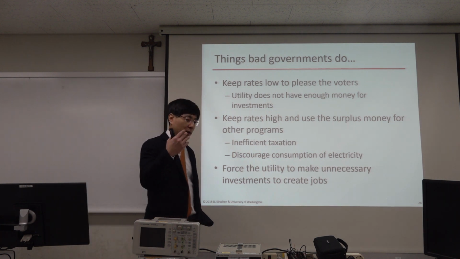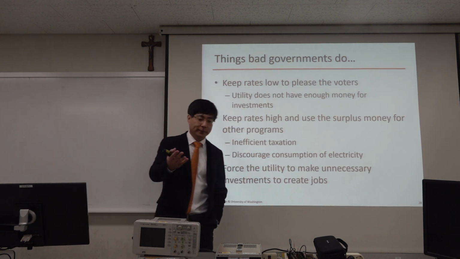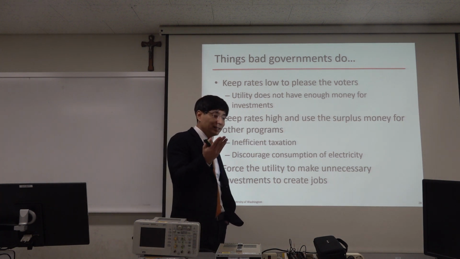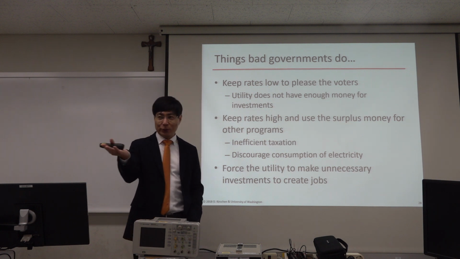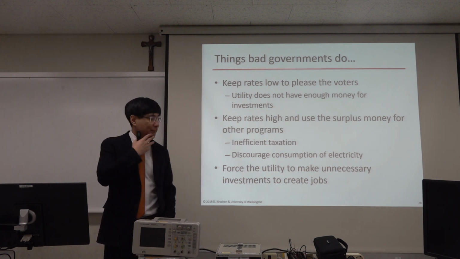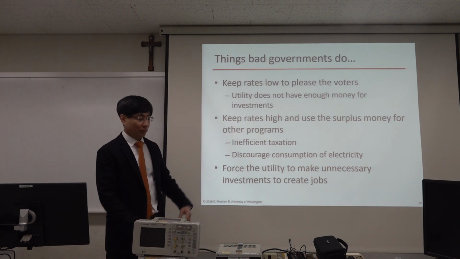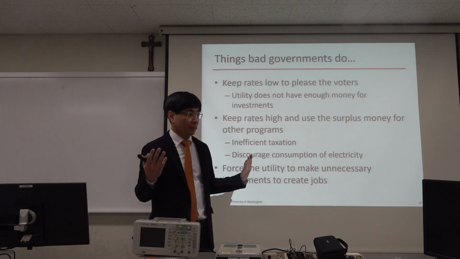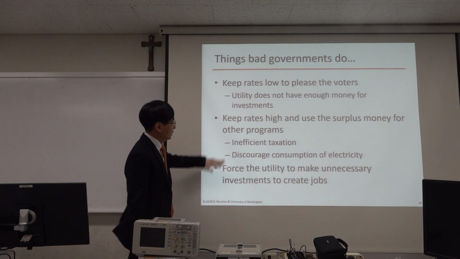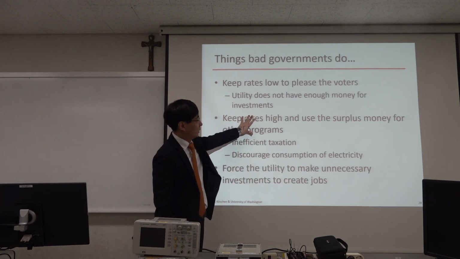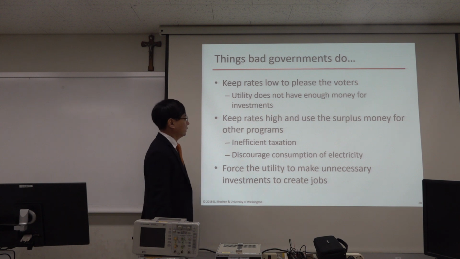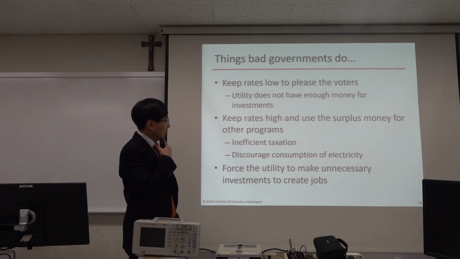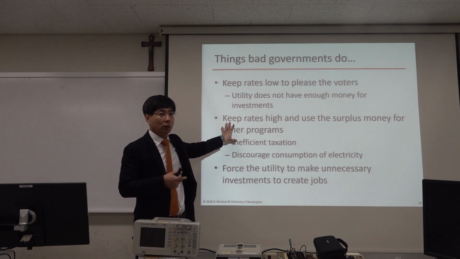Because when we impose a tax, what can I say, my tax rate is higher than you expect. But in this kind of case, everybody's electricity price will increase. So this can be considered as a tax, but inefficient taxation, and not good for social welfare.